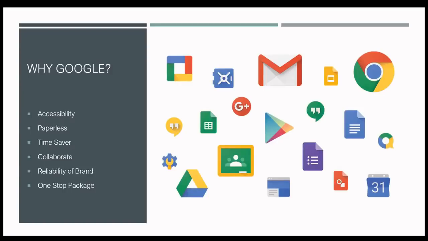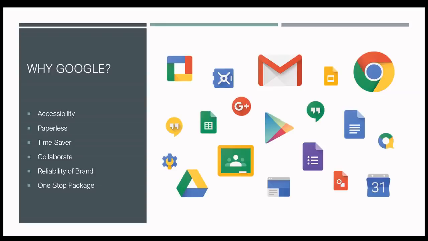So why am I saying to use a Google product? The reason for that is today internet is available to everyone. With Google we have the option of anytime anywhere, that is, whenever we want to search anything we can directly go on the Google browser, that is Chrome, and type anything.